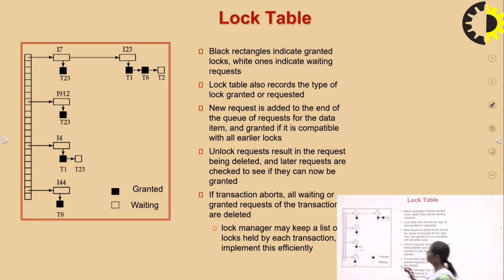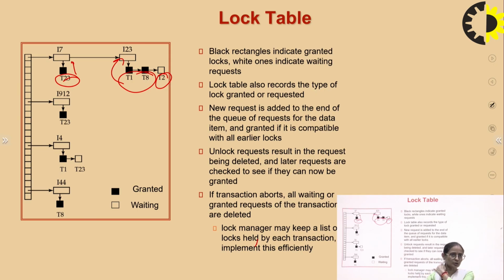Here T2 is my transaction, and it has been granted the lock on this particular data item. These are the two transactions that have got the lock on this, but this transaction is waiting. If you look at the figure, we have followed a linked list mechanism. In this case, the pending requests are always at the end.